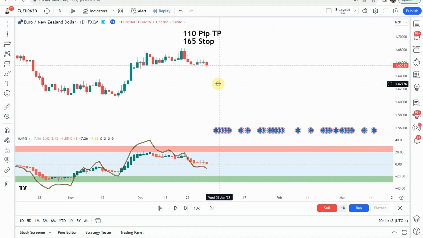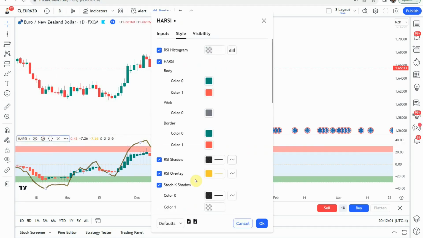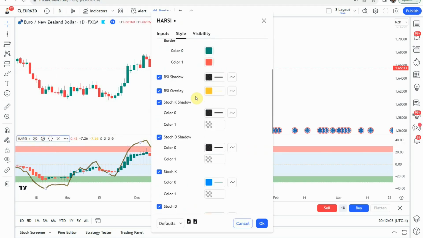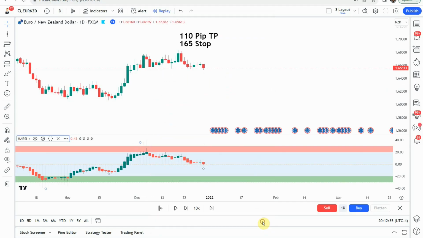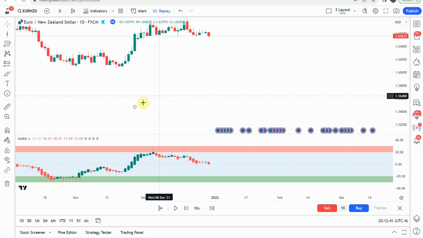Now, the source video breaks down the idea behind the indicator, the calculations, and the different components and so on. And so we can turn off the RSI shadow and RSI overlay there. It takes away that RSI line there and leaves the Heikin Ashi candles here.